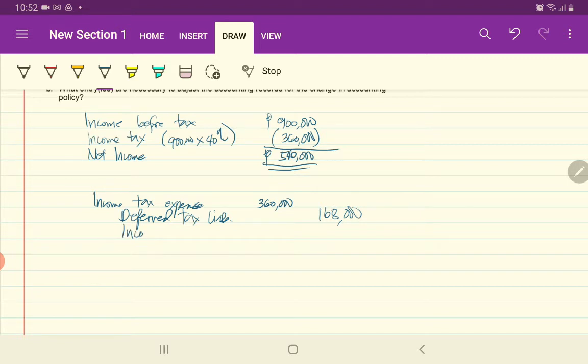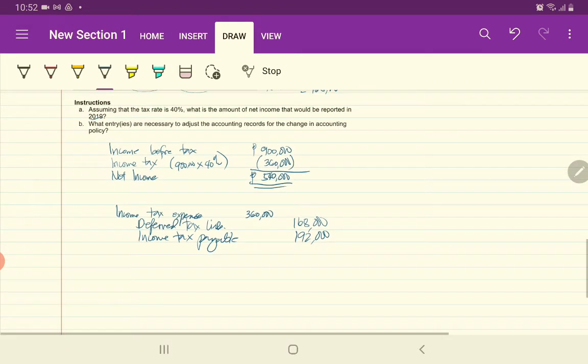Dayon, credit, income tax payable. O, pag-review lang na sa inyong accounting for income tax. So, this is not part of our discussion. 360 minus 168. That is 192,000. Okay. Now, let's proceed to letter B.